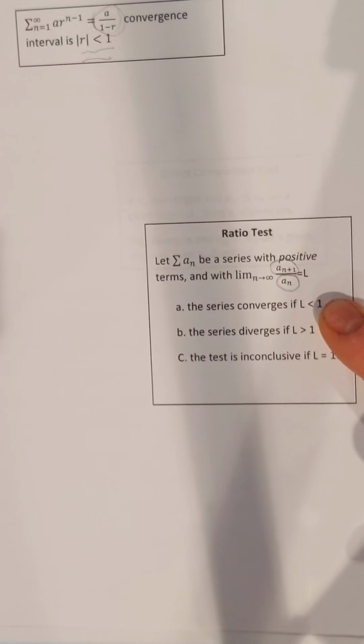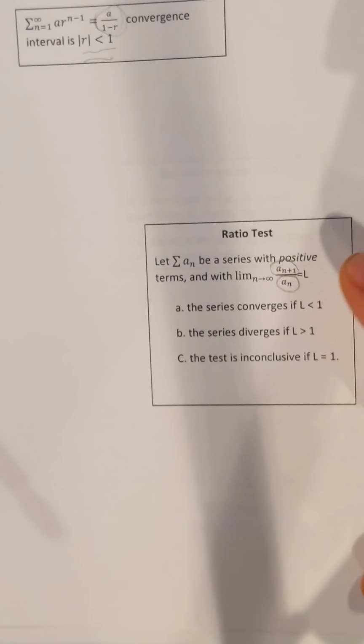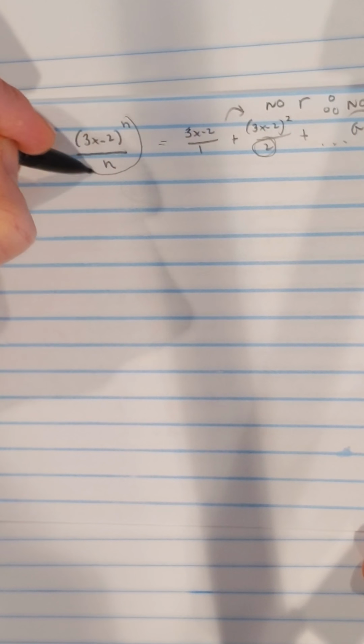So basically I'm going to rewrite this a sub n term with an n plus 1 in it. I'm going to take the limit as n approaches infinity, because this is what you do for a ratio test, and you take the a sub n plus 1 term divided by the a sub n term.